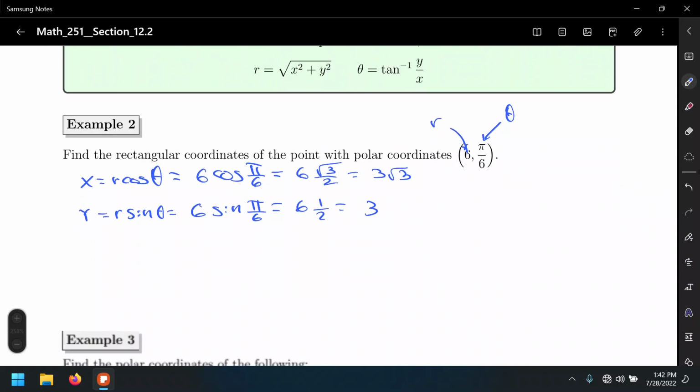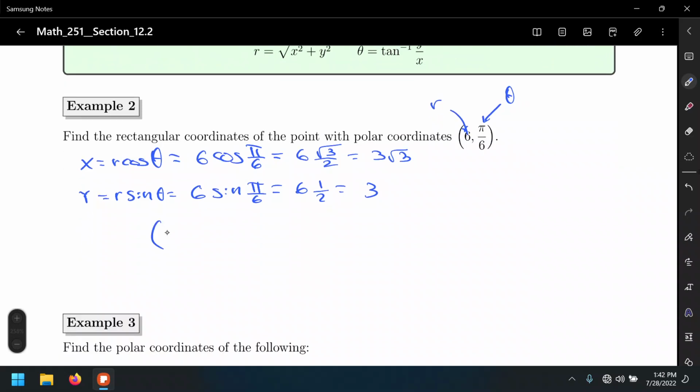So the point 6, pi over 6 is equivalent to 3 root 3, 3 in the rectangular system. Pretty easy calculation, just plug in the numbers.